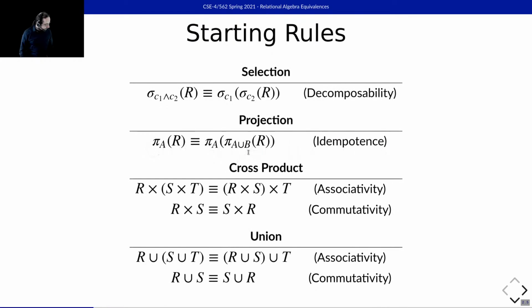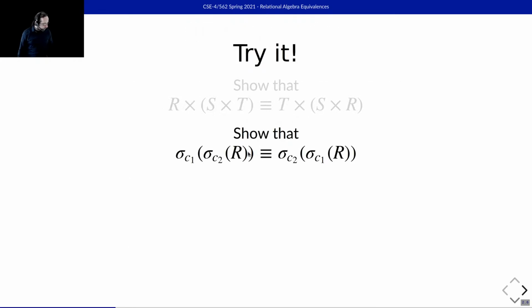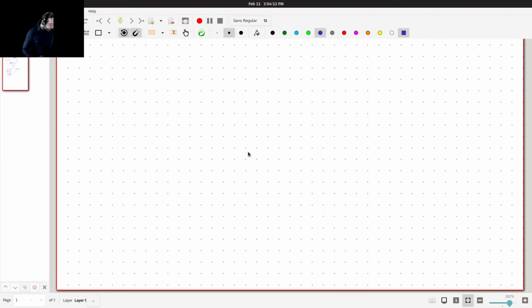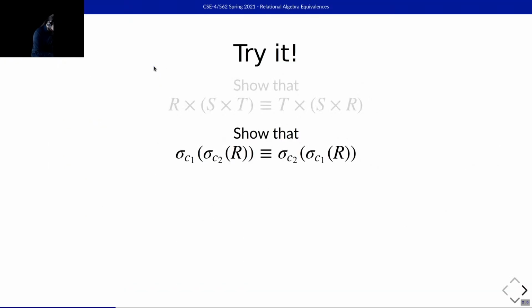Okay, so let's keep going. All right, so this one might be a little more tricky. What we're trying to show here is that if we apply a filter on, which order did I have here?